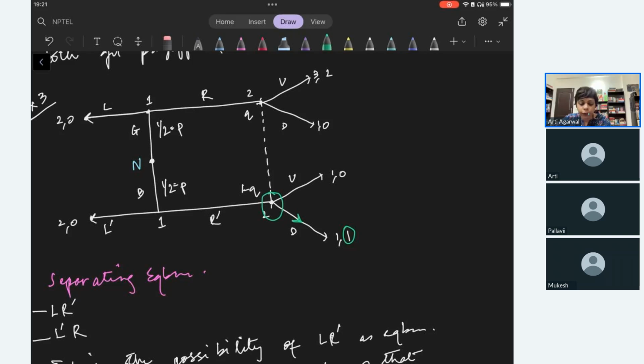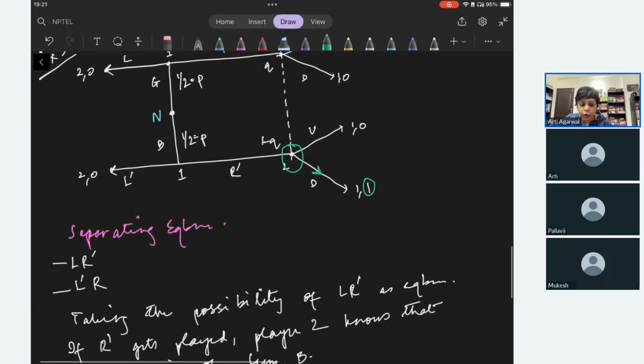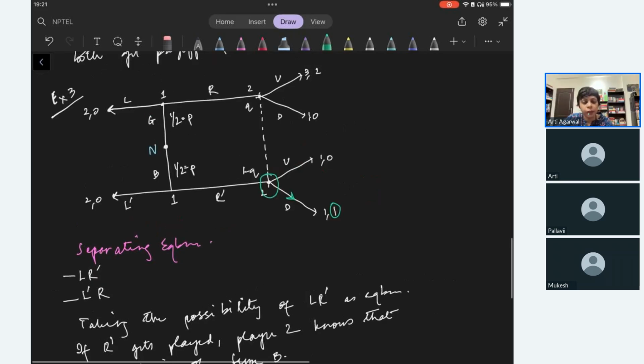If this part of the game gets played down, now player 1 of course knows his own type and he knows that if he plays R prime, player 2 is going to choose D, right? So if player 2 is going to play D, then what is the payoff of player 1? Let's mark that also on the diagram.